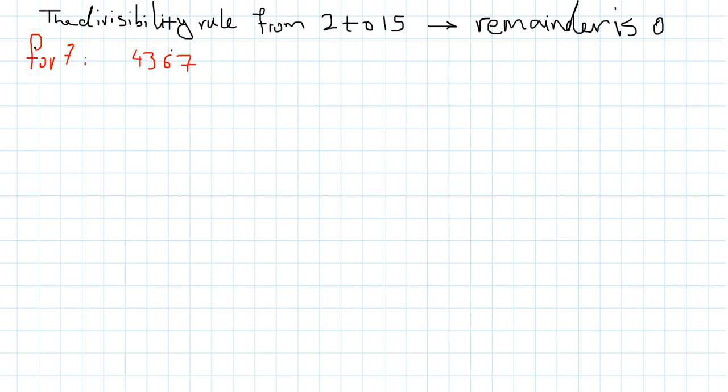Okay, what is my last digit? It is 7. So 2 times 7 is 14. The remaining number is 436. I say 436 minus 14. It is 422. I don't know if it is divisible by 7 or not because it is big. So again I separate the last digit, times 2. 2 times 2 is 4.